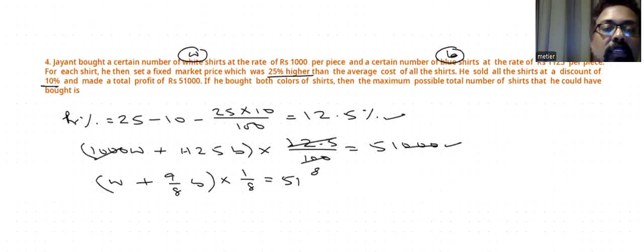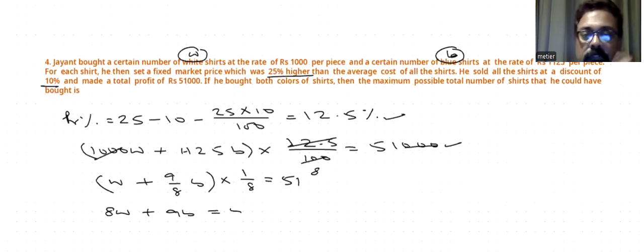Now, if you multiply by 8, going for the LCM here, 8W plus 9B will be coming as 51. Let me cross check once.